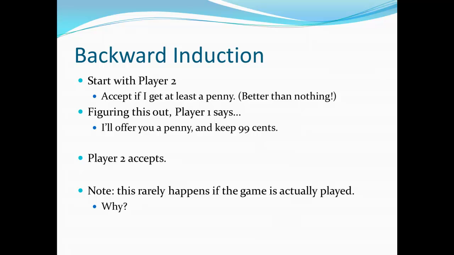In effect, we want to punish them for being a jerk. It's really what it comes down to. This is something we value and are willing to make ourselves financially worse off in order to make this kind of moral point. So it is important to keep in mind that people do care about things beyond money, which might mean that backward induction applied in the wrong way might lead us astray. Okay, so just keep that in mind.